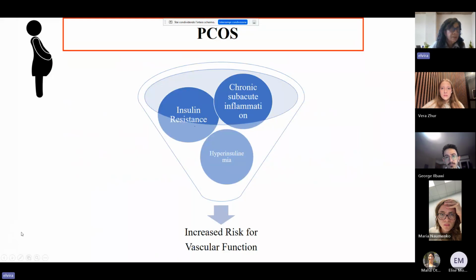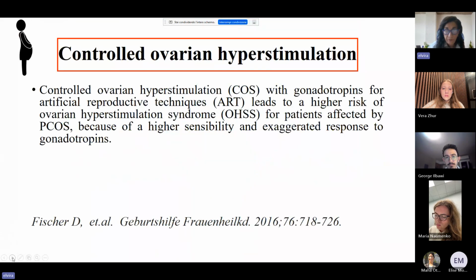And this means that these women have, as I said, a higher risk of thrombosis in general, and in particular of venous thromboembolic events.